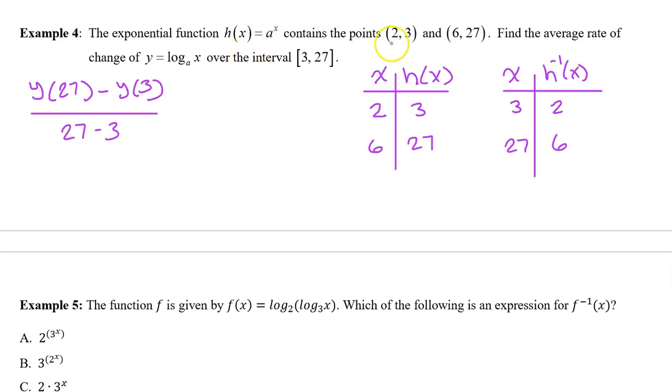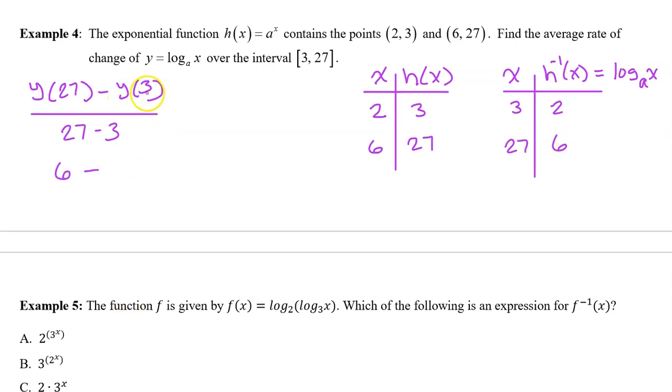Since h of x includes the points (2, 3) and (6, 27), then h inverse will include the points (3, 2) and (27, 6). But h inverse is the log function log base a of x. So when we need to find y at 27, we can just look right here. H inverse at 27 is 6.